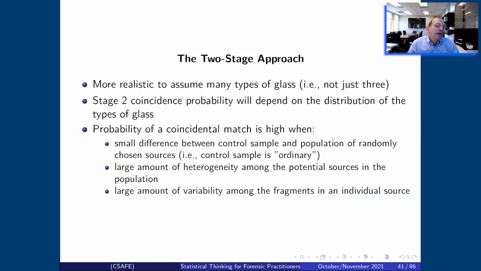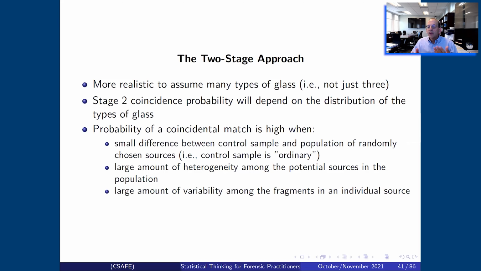The key thing for you to know is what impacts the probability of a coincidental match. As we just saw, we get a coincidental match if the control sample and the random population of samples are similar. So the control sample is very ordinary, like the 2-armed man or the white car.